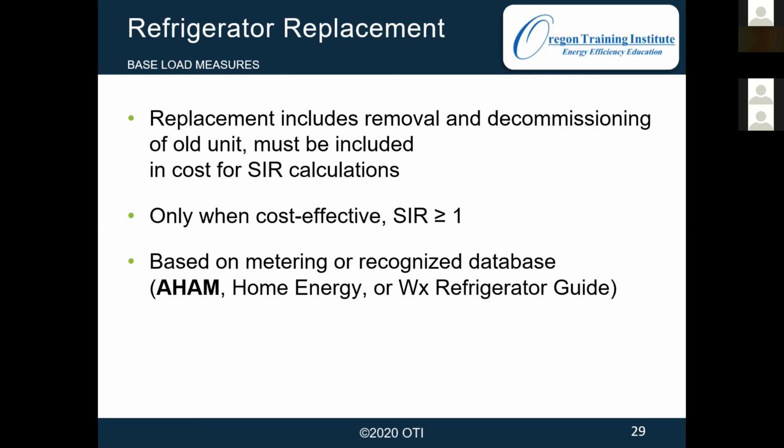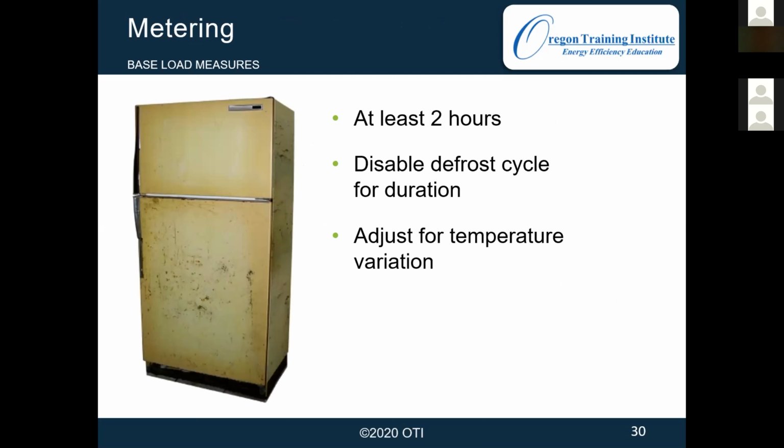And these databases will have the energy usage when the fridge was new and then degraded over time, so that we can have a reasonable idea of how much it uses without being able to meter it. But if we can meter it, then we'll need to.